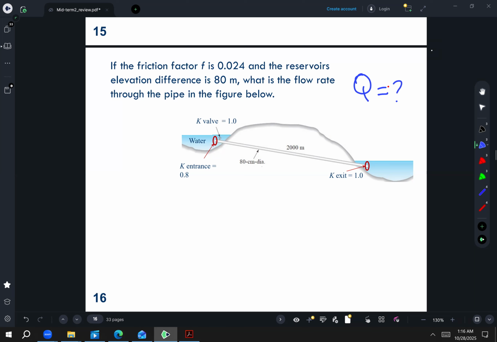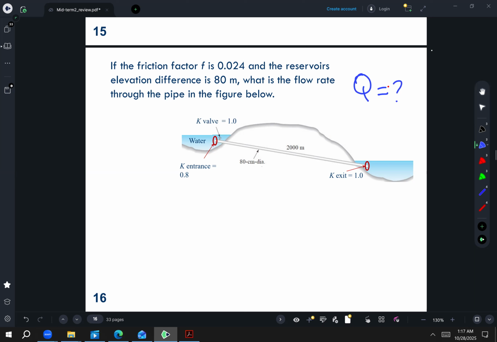So here we have local losses and we have friction losses due to the pipe length. In this type of problem, we should think about using the equation of energy, because we have head losses. Now we have to pick 2 points in the system to apply the equation of energy.